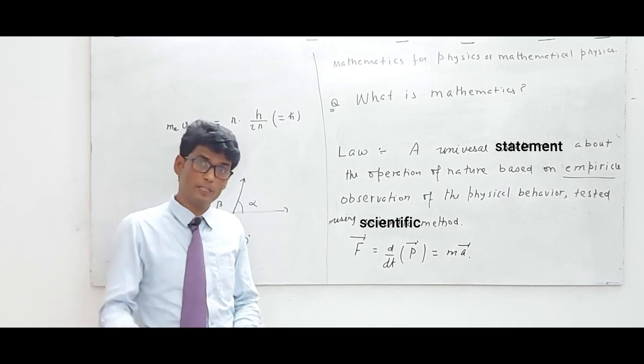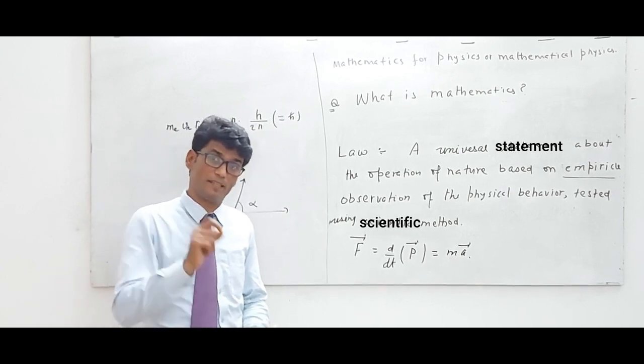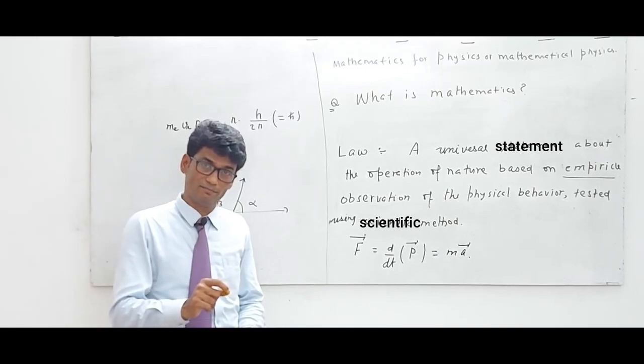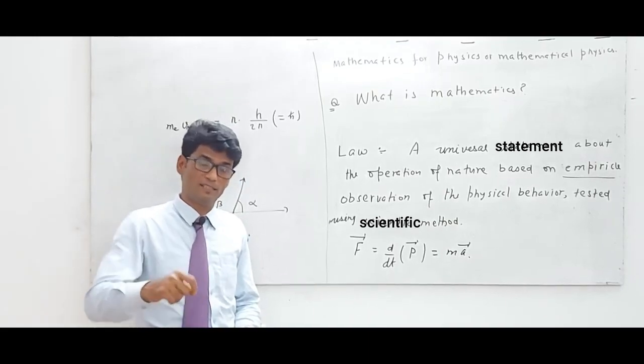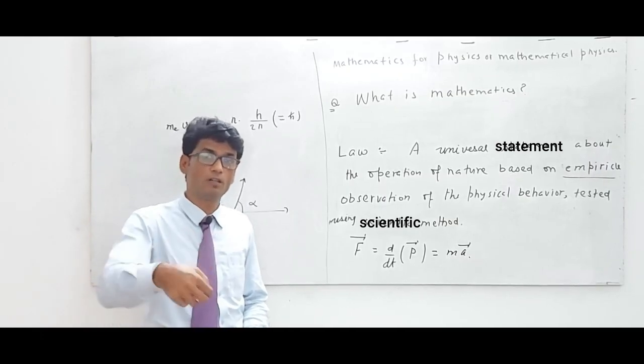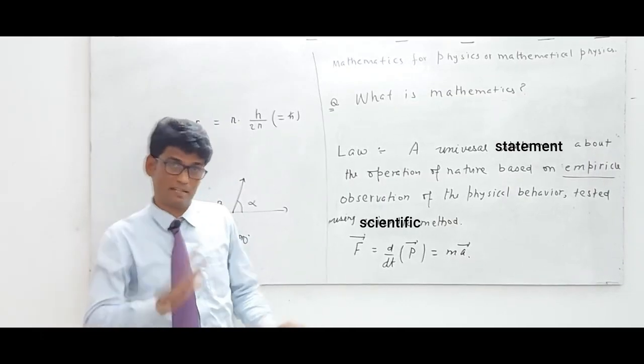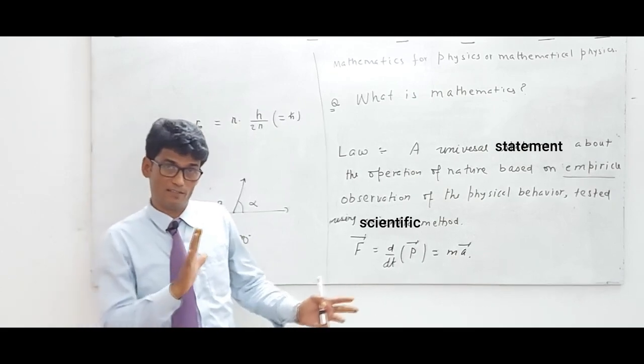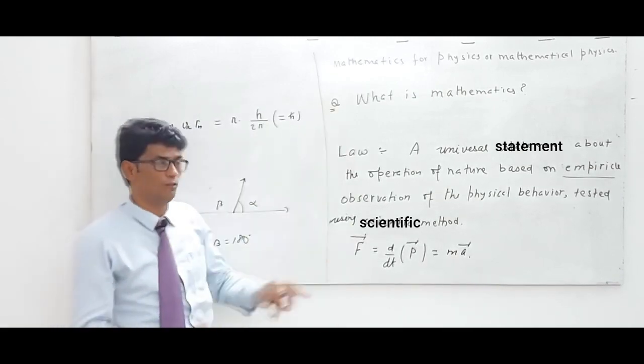Means it is totally based on observation or experiences, not by any theory or by any pure logic. So that's the empirical results as we know. So this is the law.